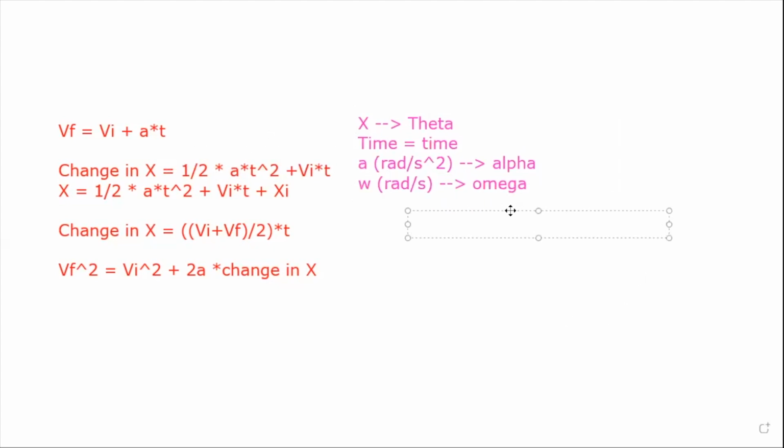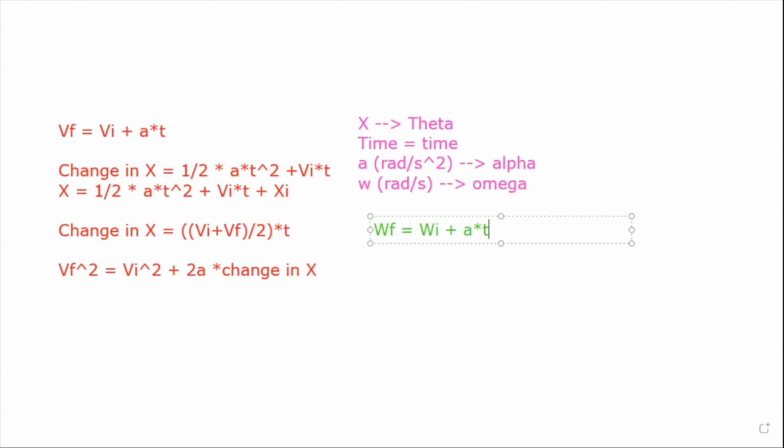What can we do with this? Well, let's take a look here. If we apply these same concepts to what we had before, let's take the first equation. The final rotational velocity is going to equal the initial rotational velocity plus alpha, which I'll just write as a, times the change in time.